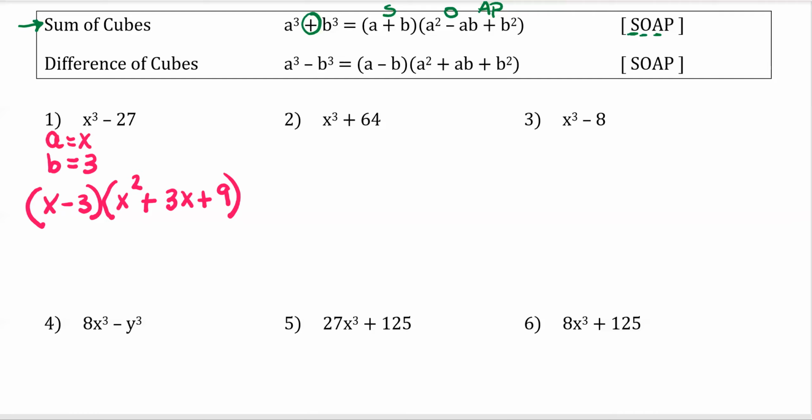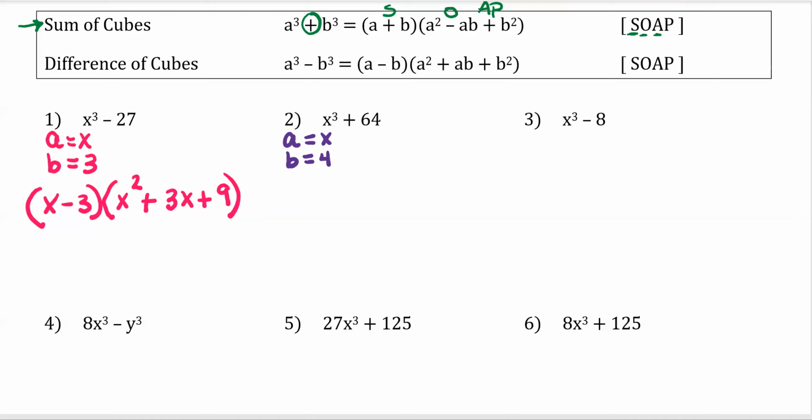Number 2, we can factor a sum of perfect cubes. A is equal to x, b is equal to 4. Be careful with 64. 64 is both a perfect square, 8 times 8. It is also a perfect cube, 4 times 4 times 4.